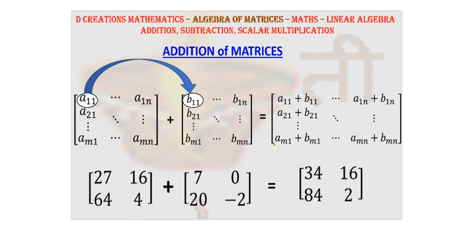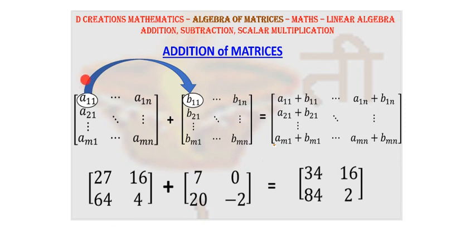Now, please remember one thing. If you want to add 2 matrices, you first have to check that the number of rows and columns for both have to be identical. So the order, so as to say, has to be identical. Here both of them are 2 by 2 matrices.